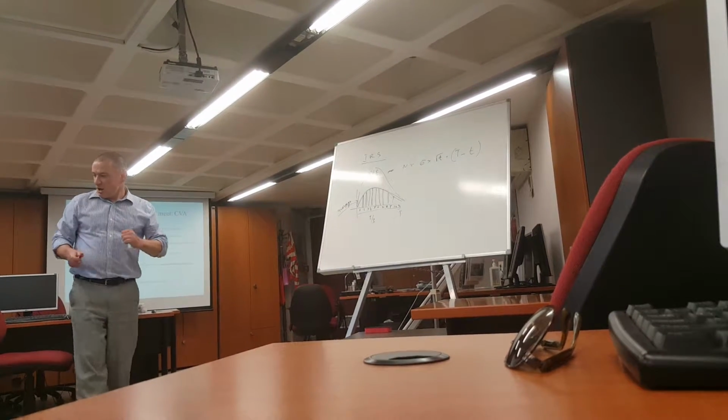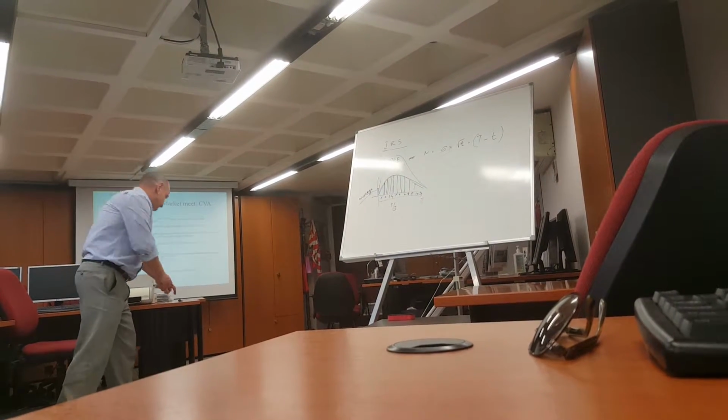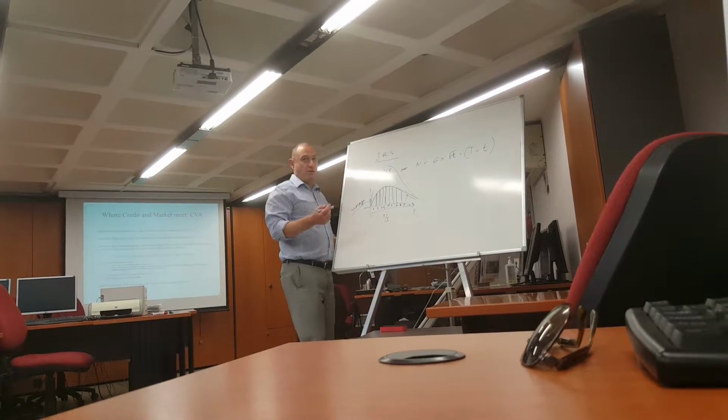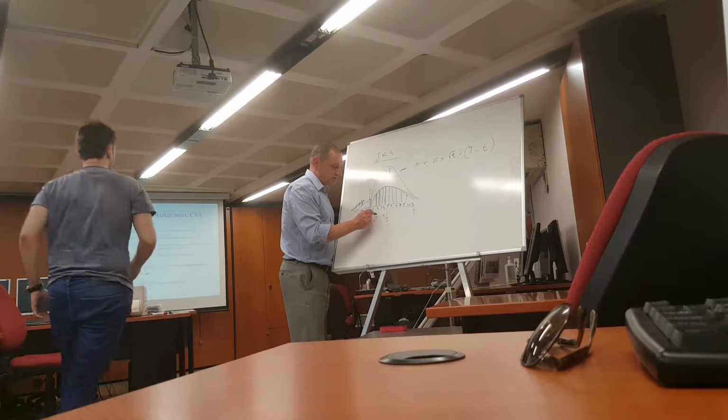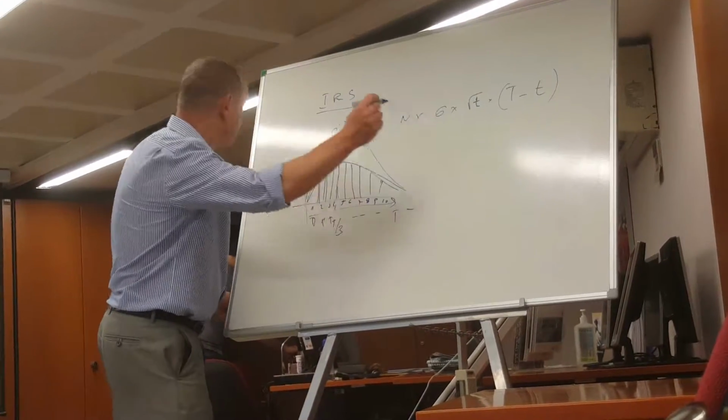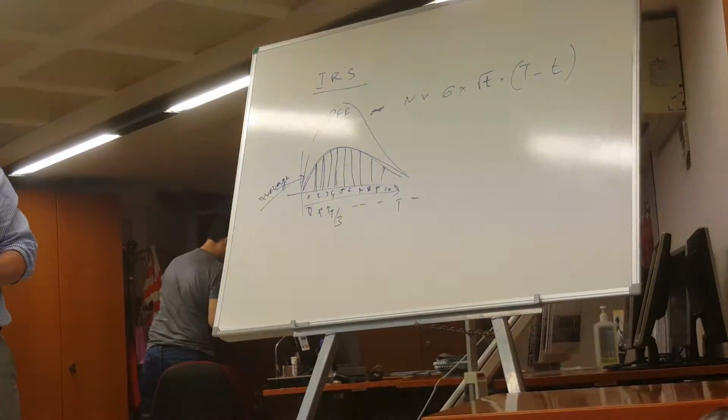Okay? How would I go about doing this? I can have a loss which may occur the first year, the second year, the third year, the 10th year, or not at all.